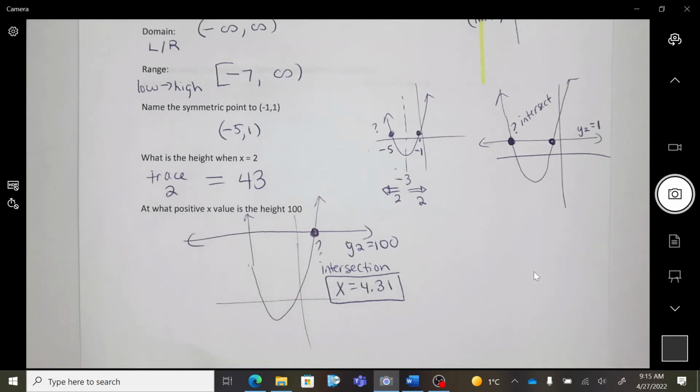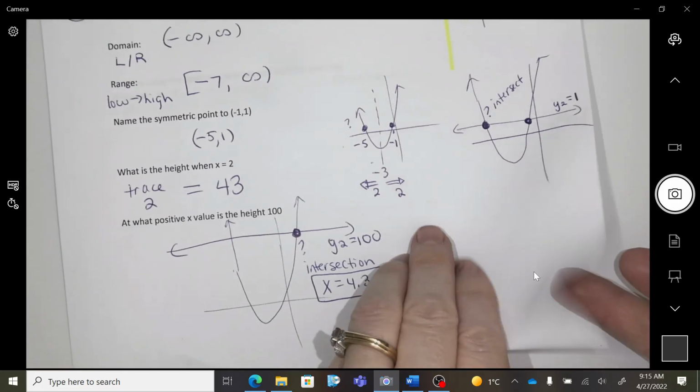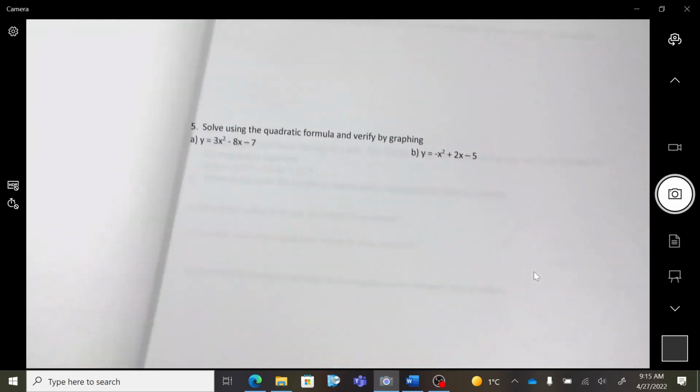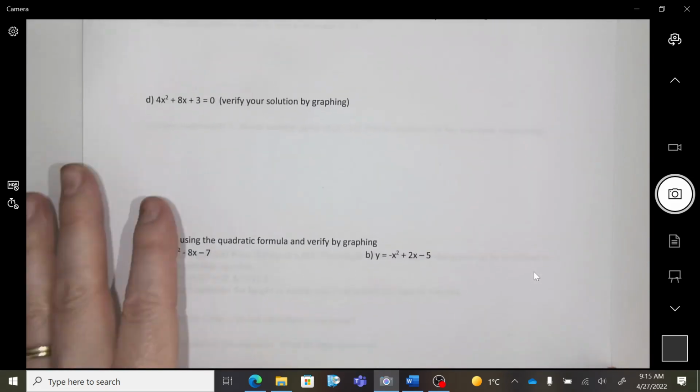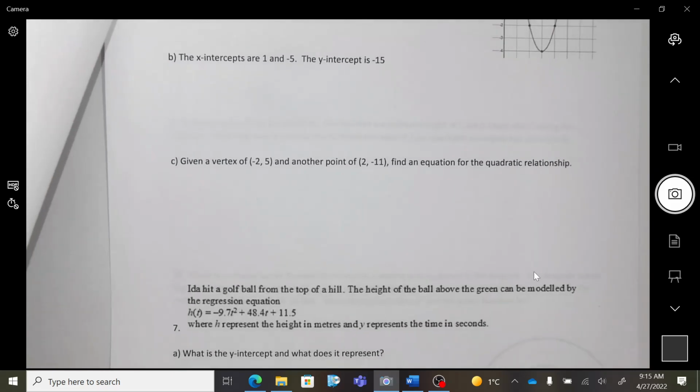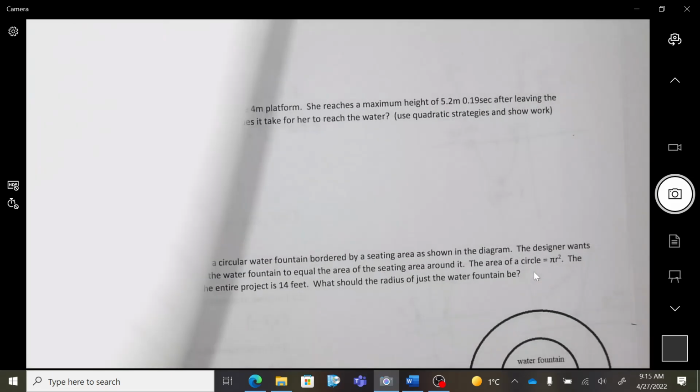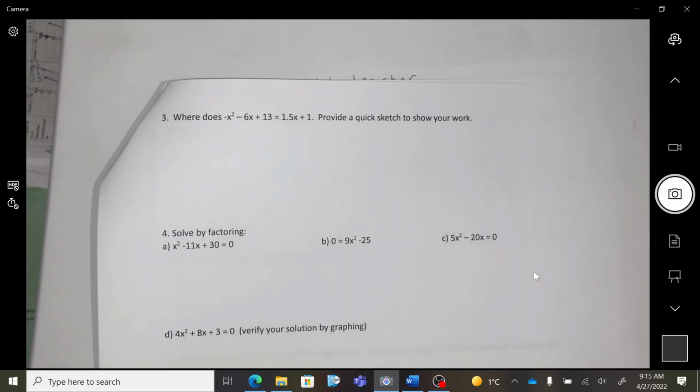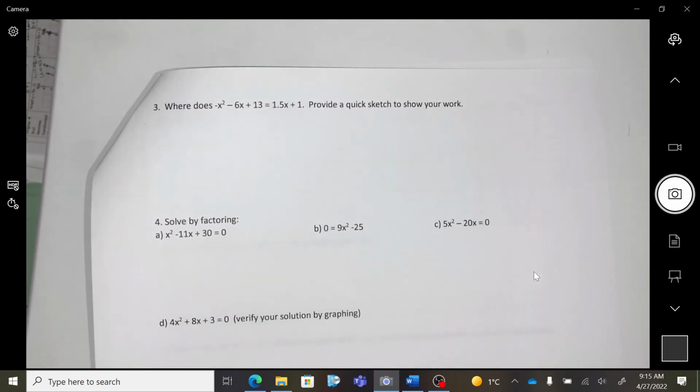Okay, so when you have an x, you can just straight enter it. When you have a y, you got to do the intersection. Okay, where does this equal this?